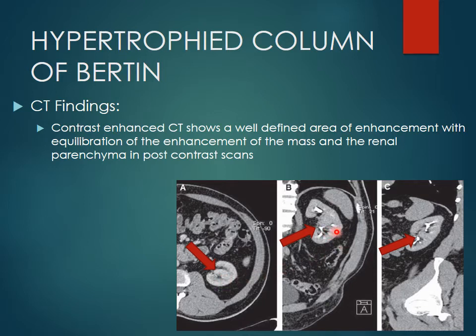However, upon introduction of contrast material, this showed an area of enhancement that is similar to the rest of the kidney, so it would denote that this is only a hypertrophied column of Bertin. If this was a mass lesion that would indicate carcinoma, this would show heterogeneous enhancement and would not equilibrate with the rest of the renal parenchyma.